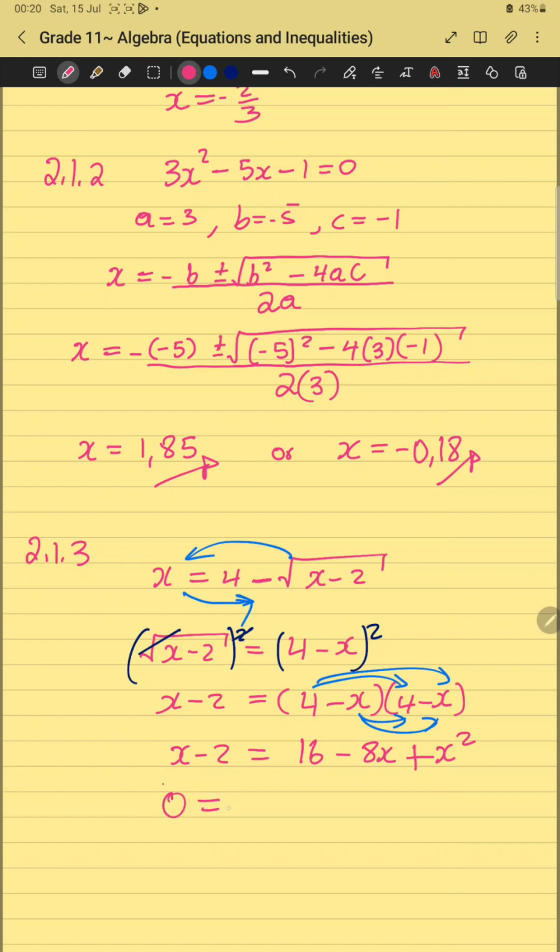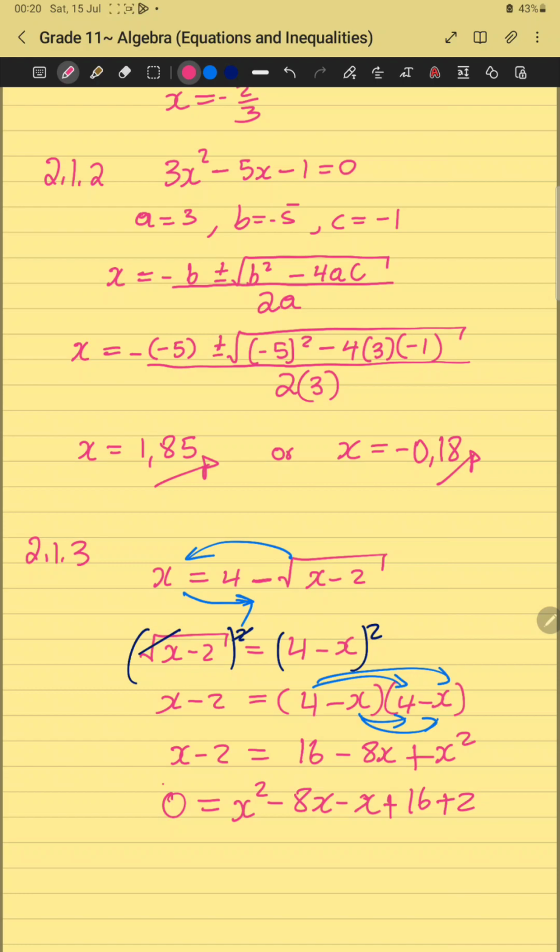So it must be 0 is equal to x squared, and then negative 8x. We take x to that side. Remember this x is positive, it becomes negative, and then from here we drop 16, and we take 2, it becomes plus 2.